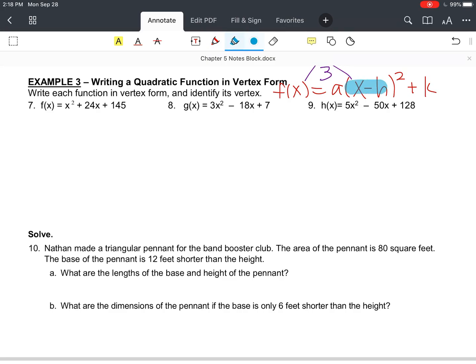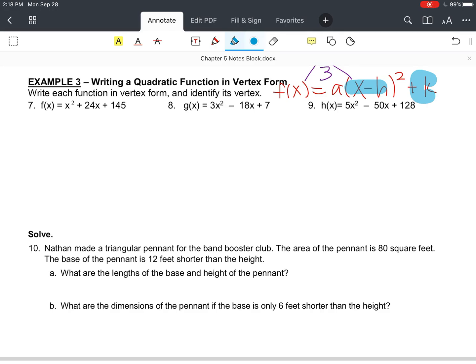So you'll notice the x minus h term, that's like a perfect square trinomial with your plus c as the plus k added on at the end. You don't have to complete this square in order to write a quadratic function in vertex form. You could, and if you want to do it that way, you're more than welcome to. However, that's not actually the quickest way.